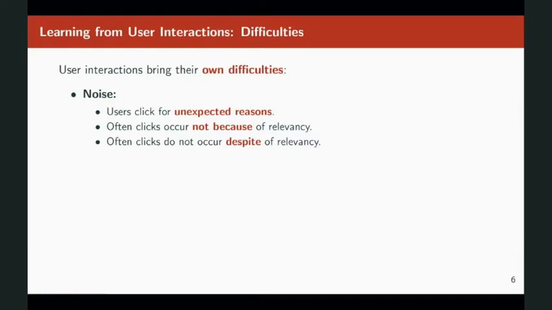What doesn't disappear, and what is the biggest problem, is bias. So bias comes from the fact that there are other factors that also affect user interactions, or clicks in this case, that are not relevancy. So there are other things that cause some items to be clicked more than others.